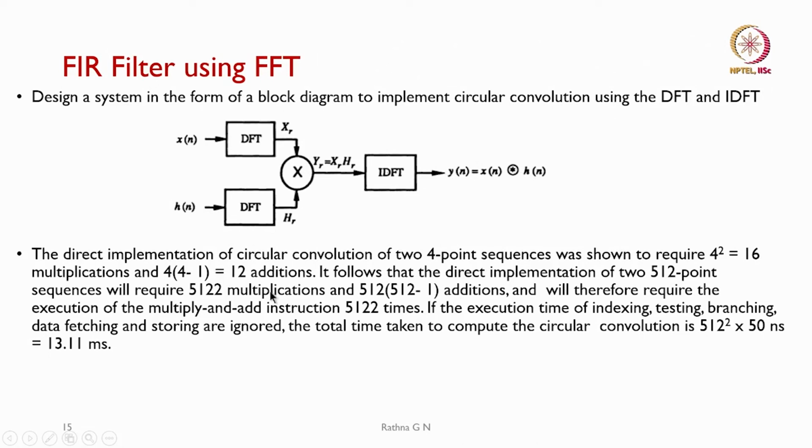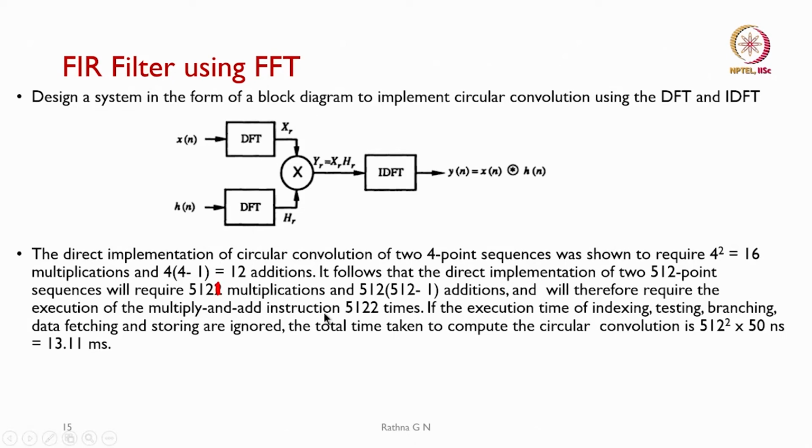So, how are we going to calculate this? If we take a 4 point, then 4 squared is 16 multiplications, and 4 into 4 minus 1, that is 12 additions, in the direct circular convolution for 4 point. Now we assume the same thing for 512 points.